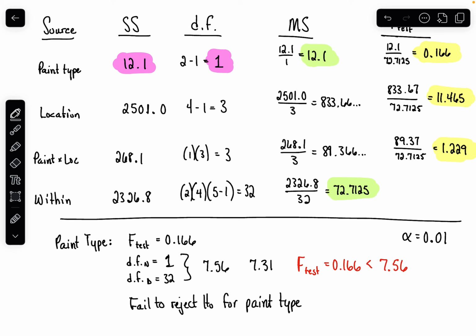Our conclusion then would be that H sub 0 for paint type, which said there was no difference between the different paint types, and that the different paint types had no effect on the lifespan, well, we fail to reject that.